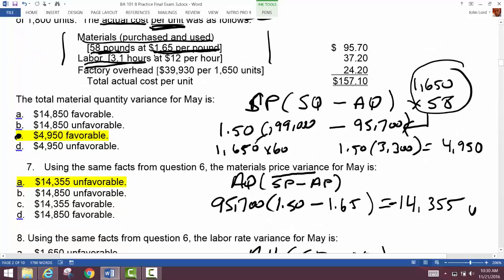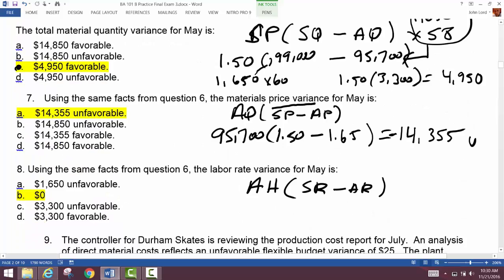So if I take the 3.1 times how many units? 1650, the actual number of units? Okay, that gives me actual hours here that got used, 5,115.